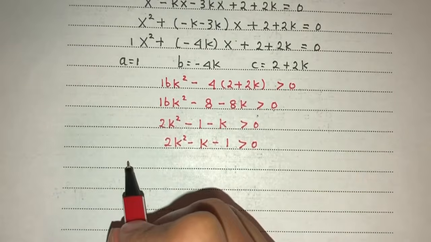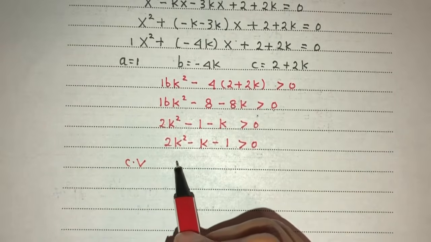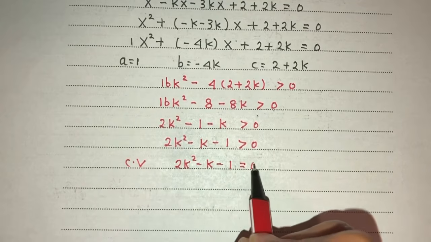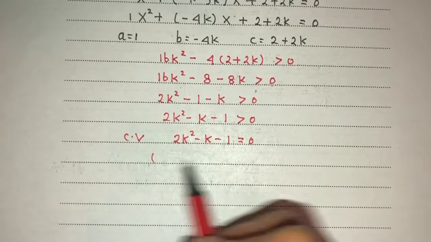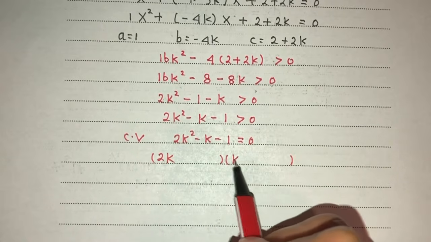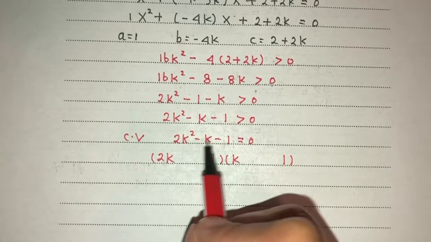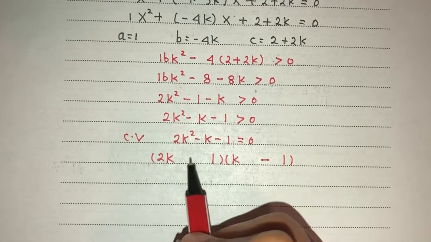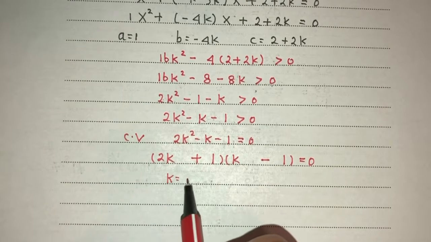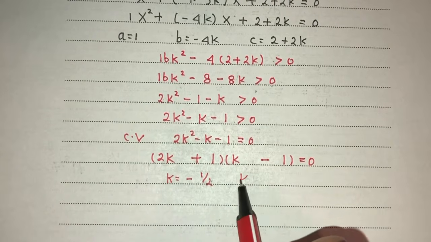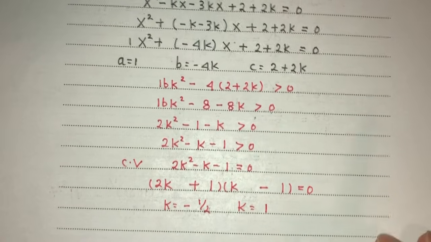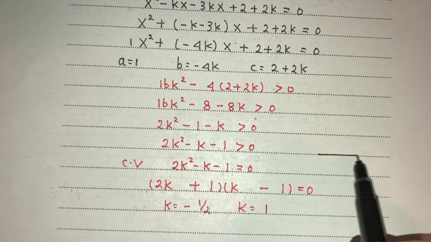Now we first have to find the critical values, which means we have to equate that equation to 0. Then we have to factorize and find the critical values. That will be 2k times k, 1 is 1. To get minus 1, we have to have minus 2 plus 1. So you will have k is equal to minus half, k is equal to 1. Now to find the set of values of k, we have to look at your graph.